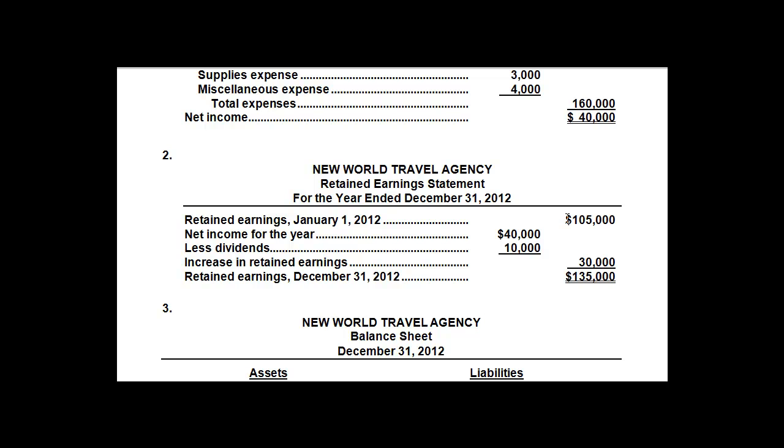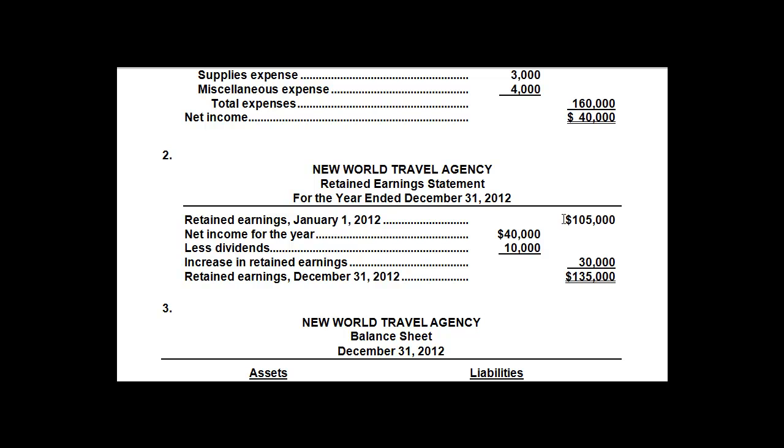During this year we had $40,000 of net income. It tells us in the example that we paid dividends of $10,000. Remember those dividends, that's a distribution of the earnings of the company, the retained earnings, to the owners. It's not an expense. So $40,000 of net income reduced by this $10,000 gives us $30,000.